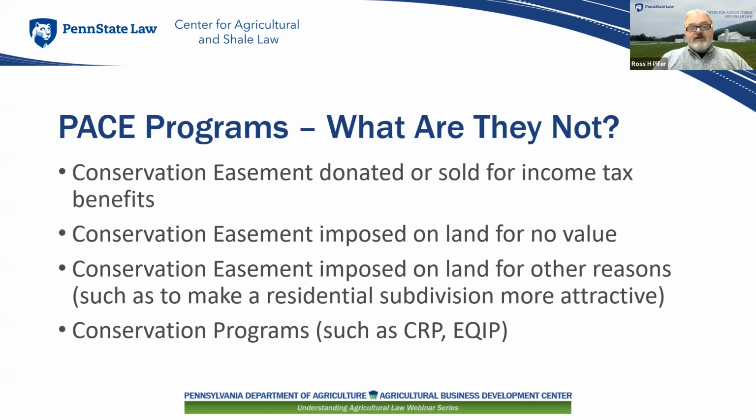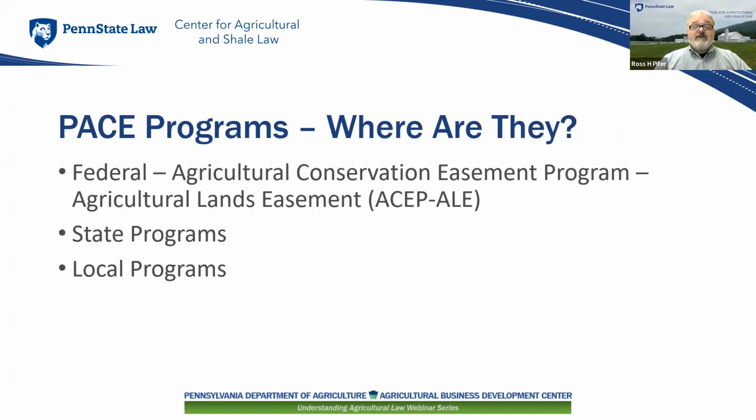We're not going to talk about conservation easements that may be imposed on the land for some other purpose. And we're not going to talk about conservation programs like CREP or EQIP generally. In one of the prior Understanding Agricultural Law webinars, we did have a program on conservation programs, so I would encourage you to review that if you're interested in learning more about that topic.